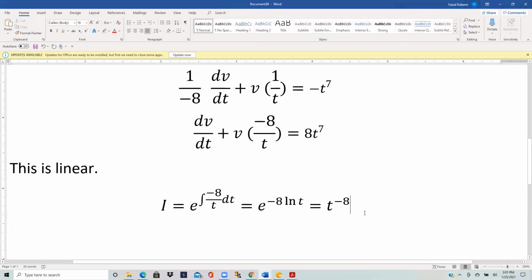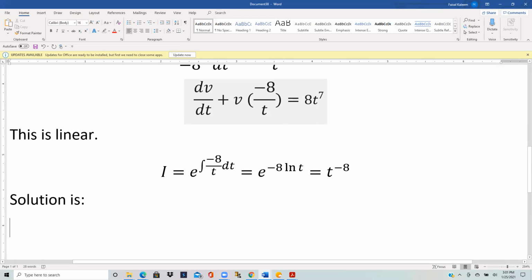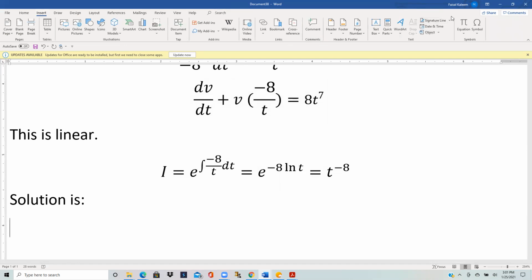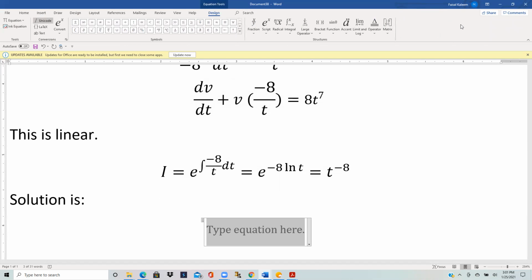And then we know that the solution is, normally you have y equals, so here we have v there, so v equals 1 over I, so 1 over t power negative 8.